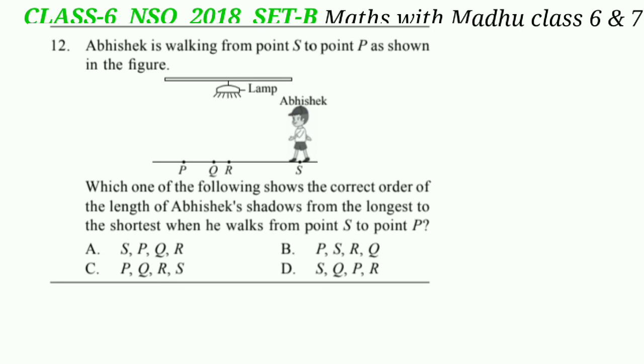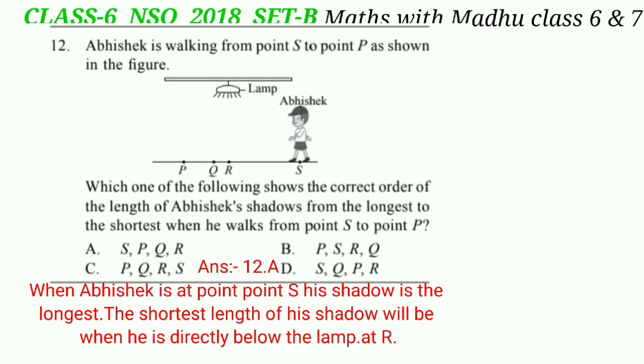The more the distance from the lamp, the longer his shadow is. So, when Abhishek is at point S, his shadow is the longest, and the shortest length of his shadow will be when he is directly below the lamp, that is at R. So, the correct answer will be option A, S, P, Q and R.